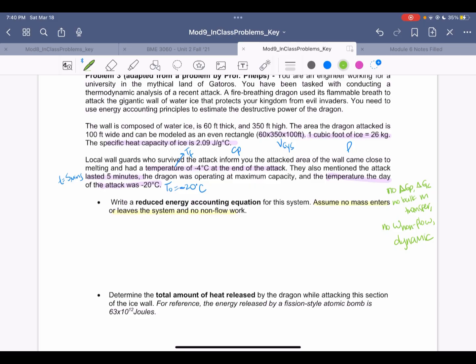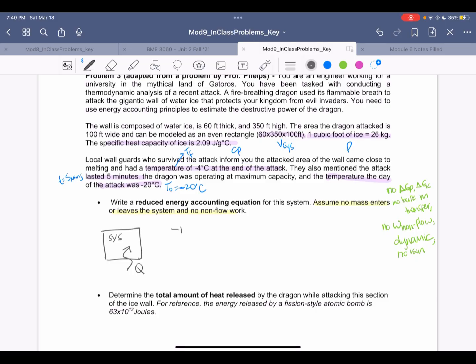At least so far in the way it is described to us, I don't think there is a reaction that's taking place in the system. We'll see later that there is a reaction that does take place in the dragon, but not in our system. So if I were to draw my system, it would look something like this, the system being that specific piece of wall that is being attacked, and I just have heat transferring in.